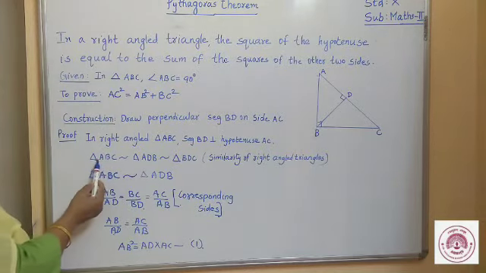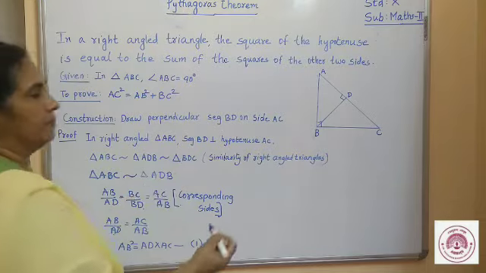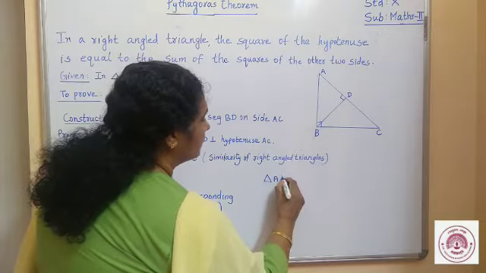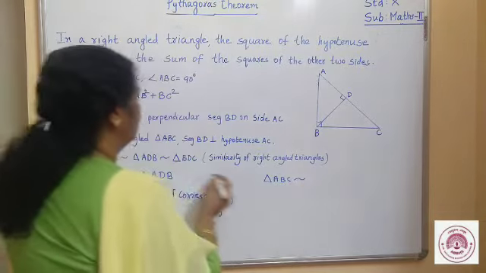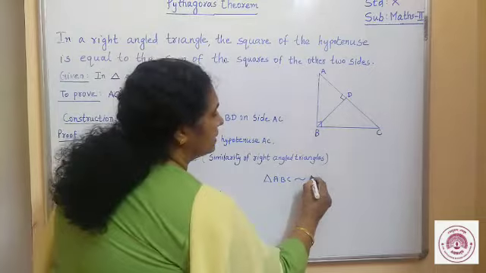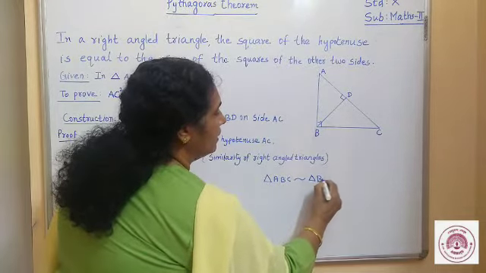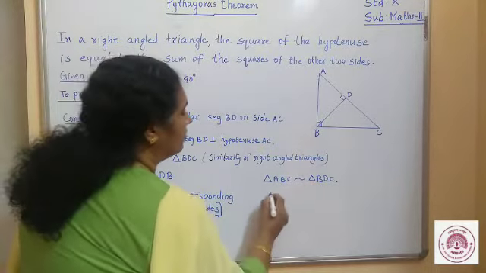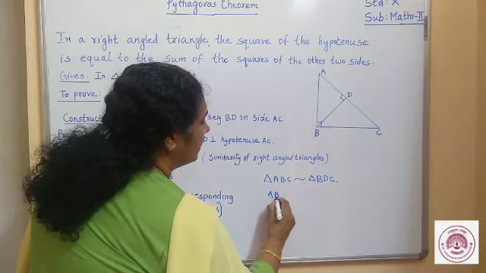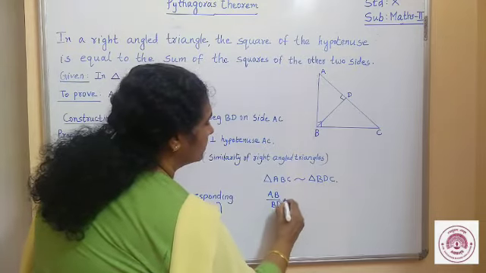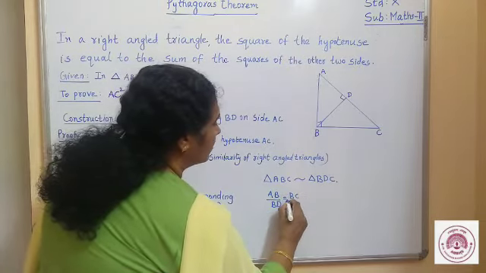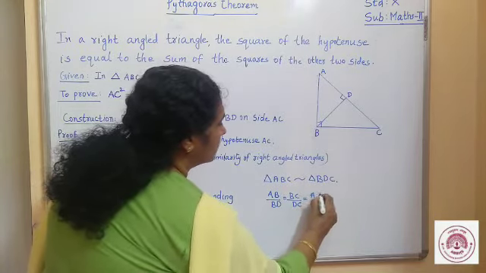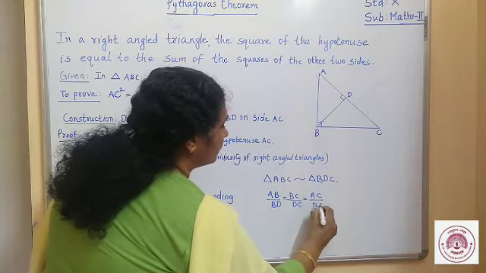Now secondly, we take triangle ABC similar to triangle BDC. Here also we will take the ratios AB upon BD is equal to BC upon DC is equal to AC upon BC.